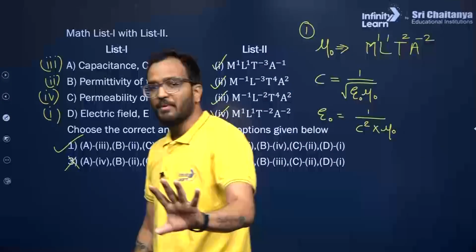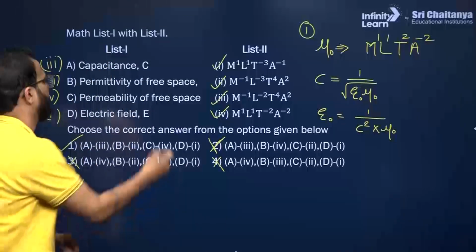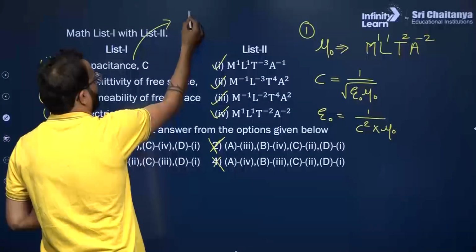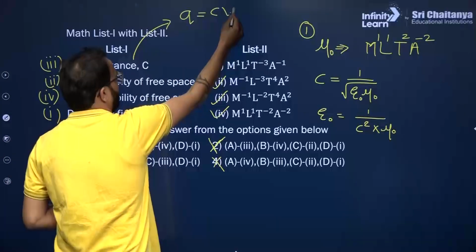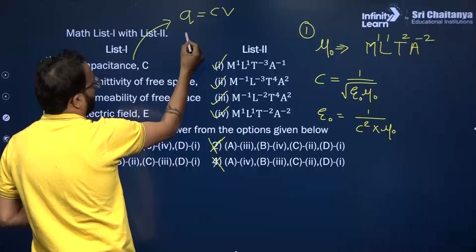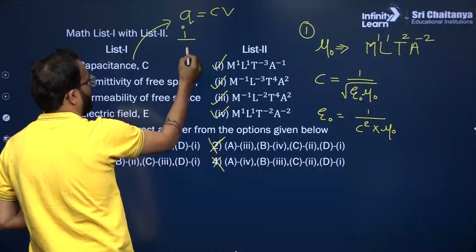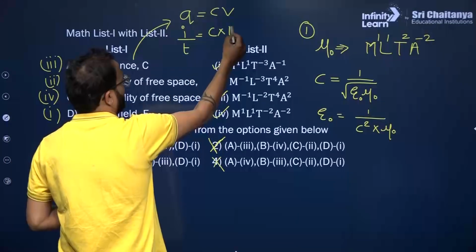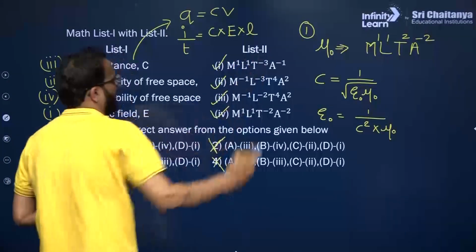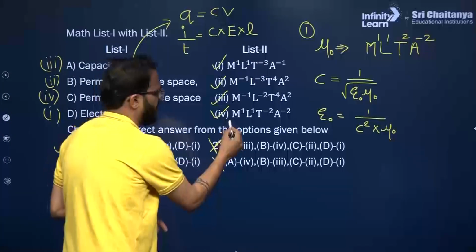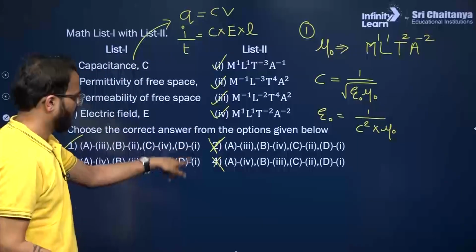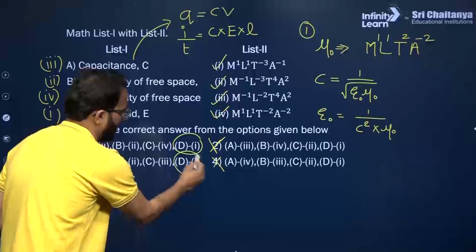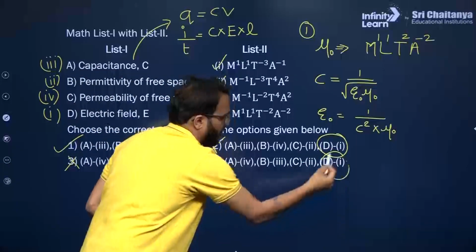So let me tell you something. Capacitance you can simply derive. You can say Q is equal to CV. Then obviously charge is current into time. Potential difference is electric field into length, right? So electric field's dimensional formula is already given. D is 1 in all options.